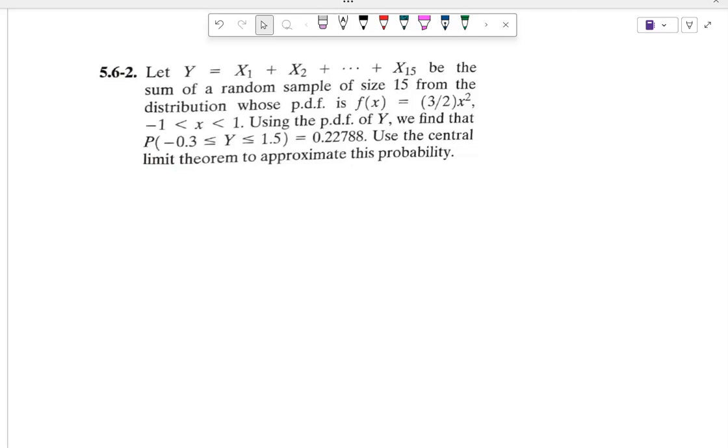All right. So how does the central limit theorem go? This is the statement of your central limit theorem, and in your book, it is on page 207.